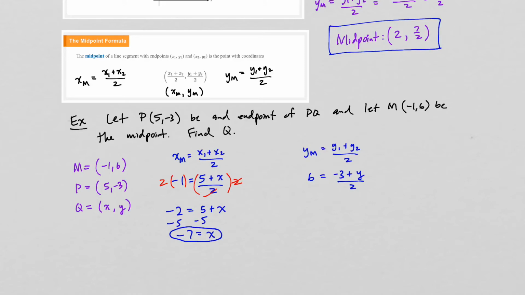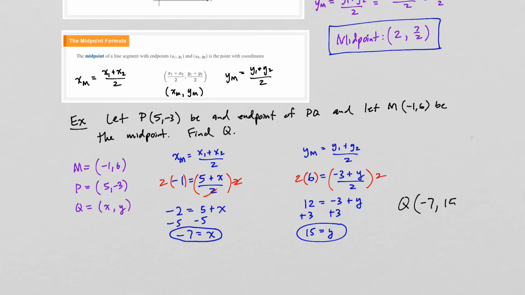And then we solve the same way, multiplying both sides by 2 and doing the math. And so we now have our x-coordinate and our y-coordinate for point Q. And so we'll say point Q has coordinates -7, 15.